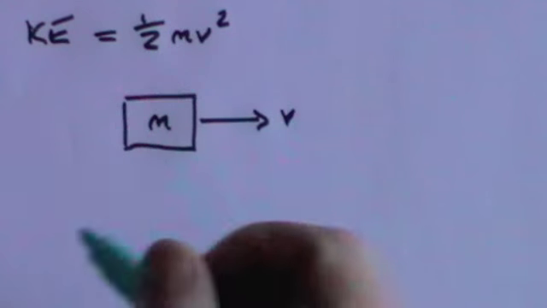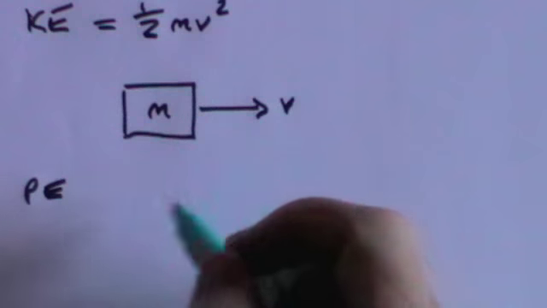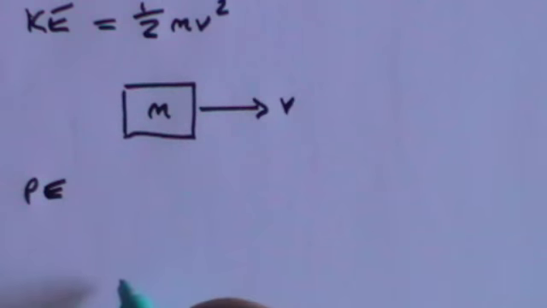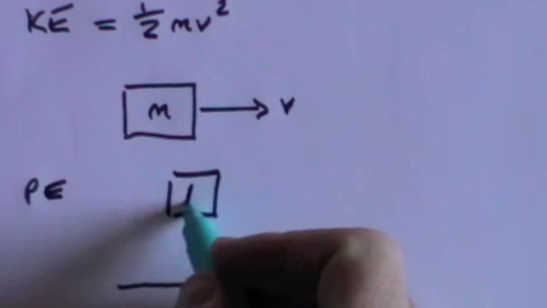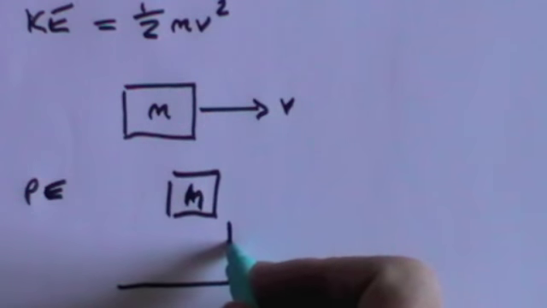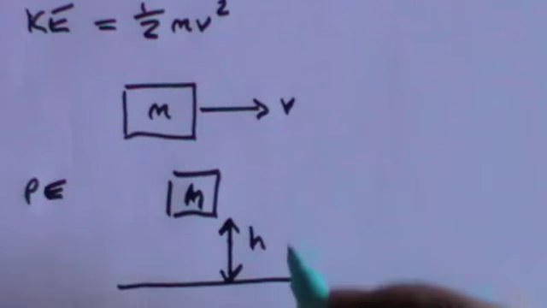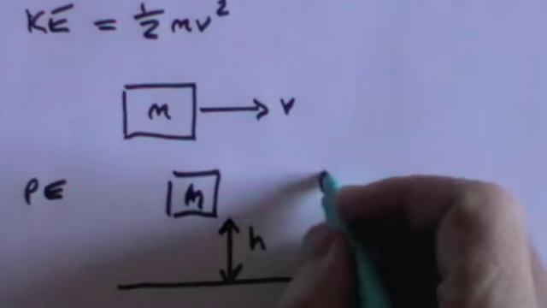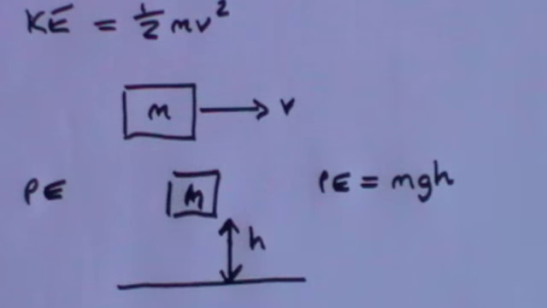By contrast, there's a thing called potential energy. Potential energy because it has potential to do something. If I have, here is the floor, and I have a mass m, and that mass is at a height h above the floor, the potential energy is given as mgh, where m is the mass, g is the gravitational attraction that we've dealt with before.